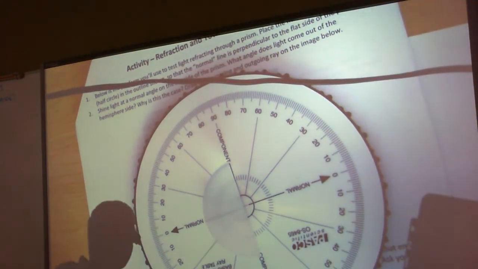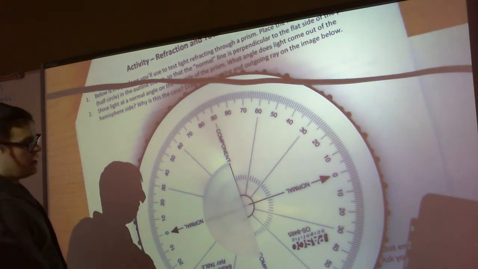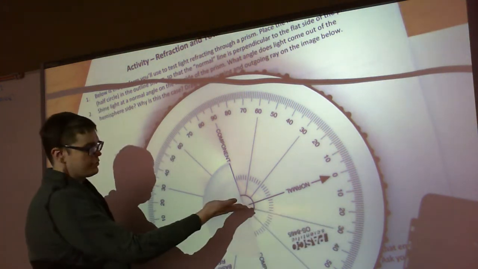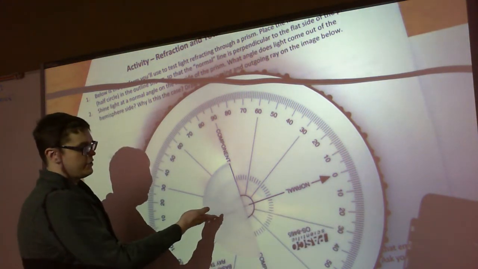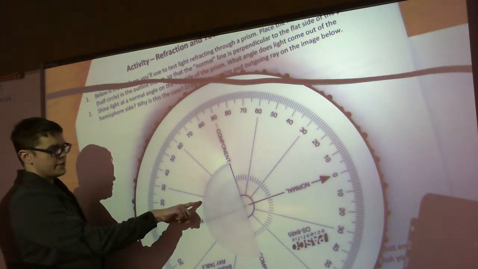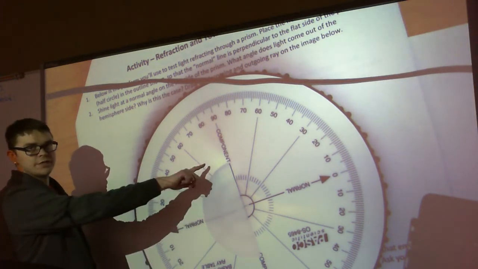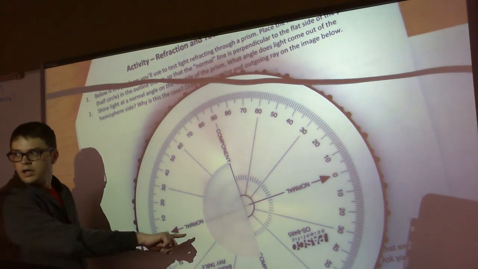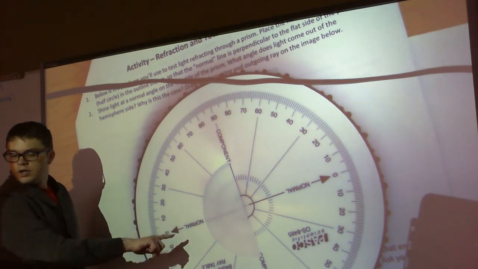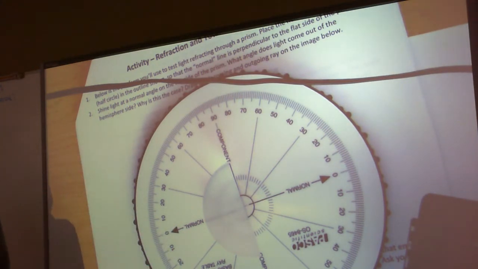So my question is, here at this interface, it refracts and goes at a different angle. Why does it not refract around this hemispherical side? It's circular.